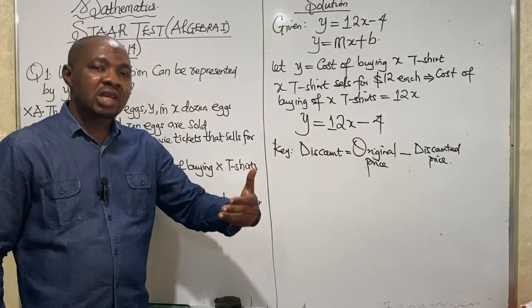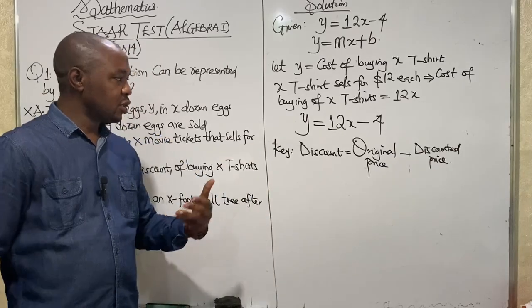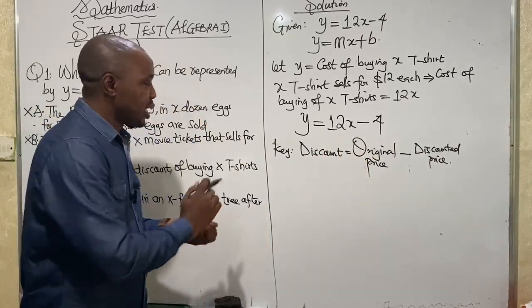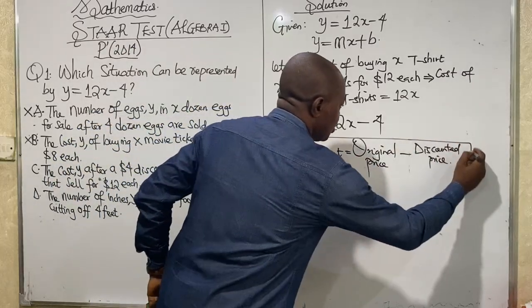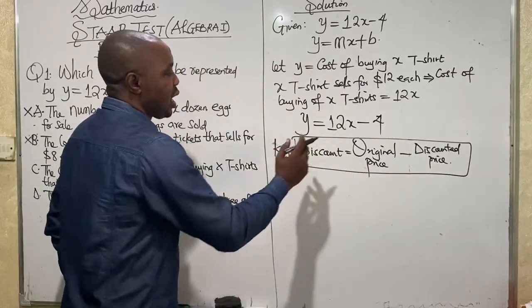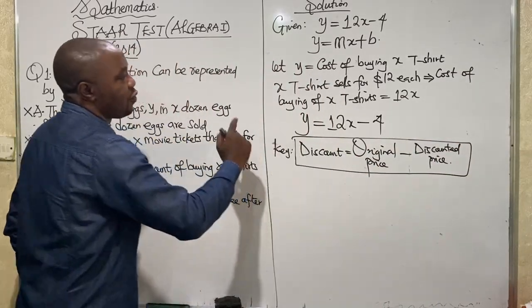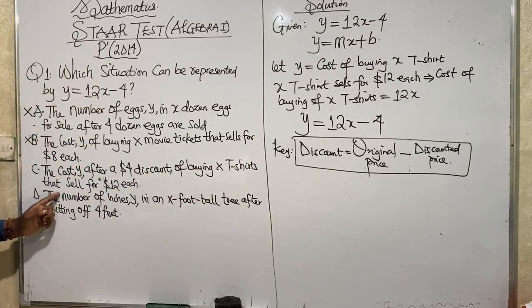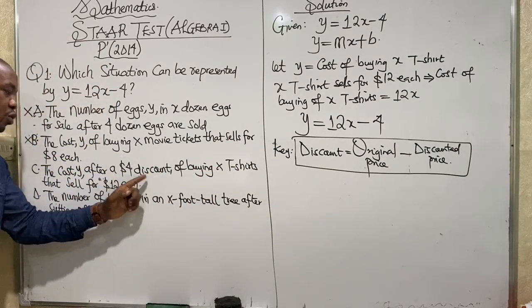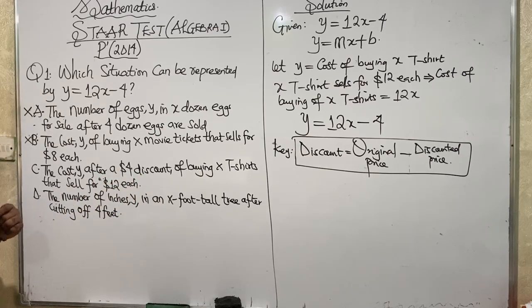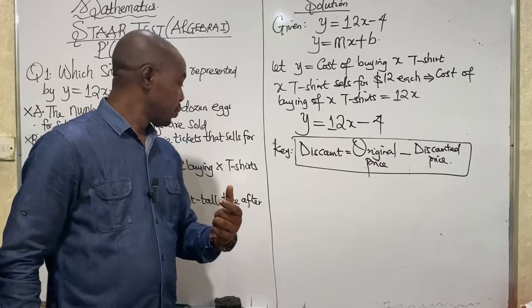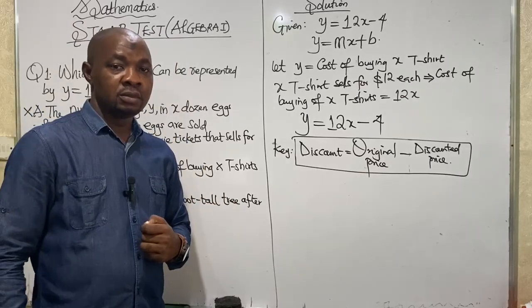But because a discount of $4 is given, it will be subtracted from the original price. That is what we have here. And that will give us the cost of buying x t-shirts after a discount of $4 is given, when each shirt is sold for $12.